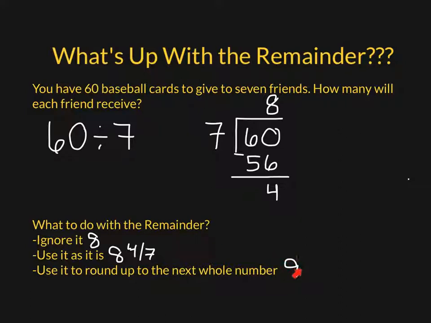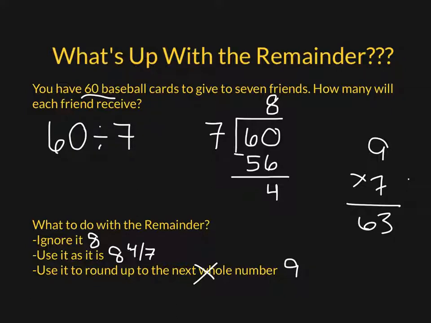Well, here's another situation where if we're going to give each person 9 cards and there's 7 people, 9 times 7 is 63, and you only have 60 cards. So using that remainder of 4 to round up from 8 to 9 is not going to make any sense. So we can't do that one.